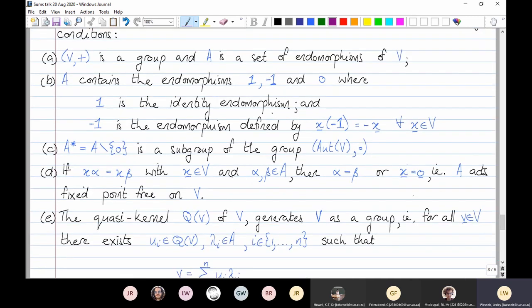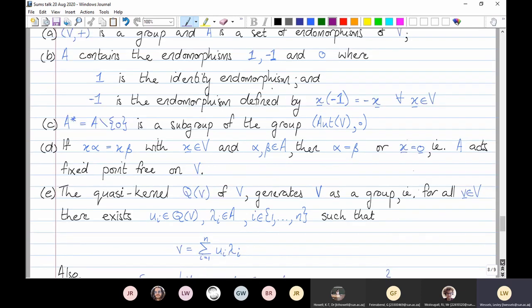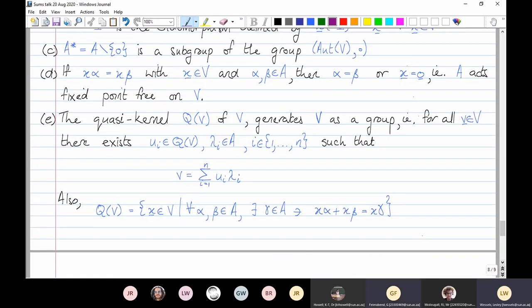It's on the right hand side, whereas previously I did everything with all the scalars on the left hand side.